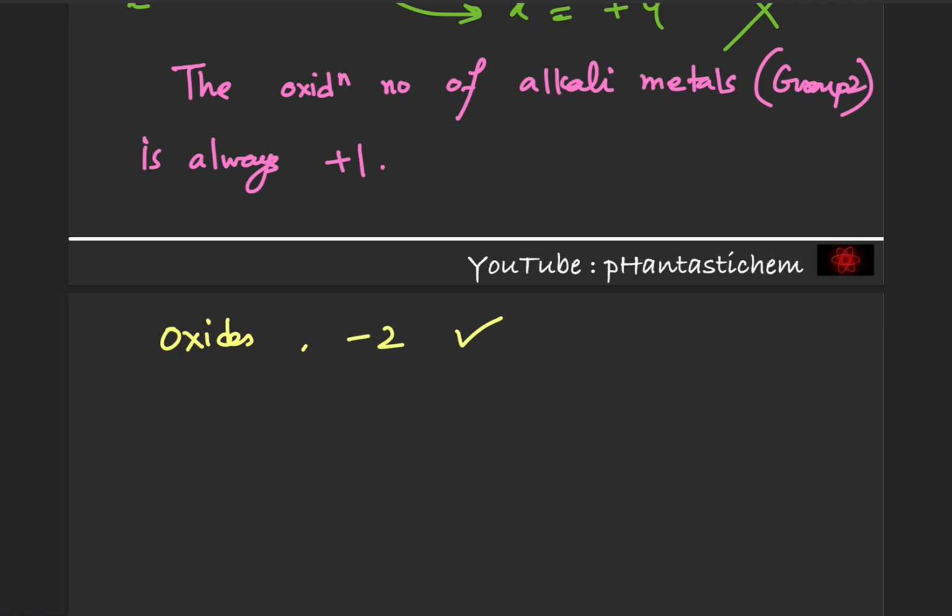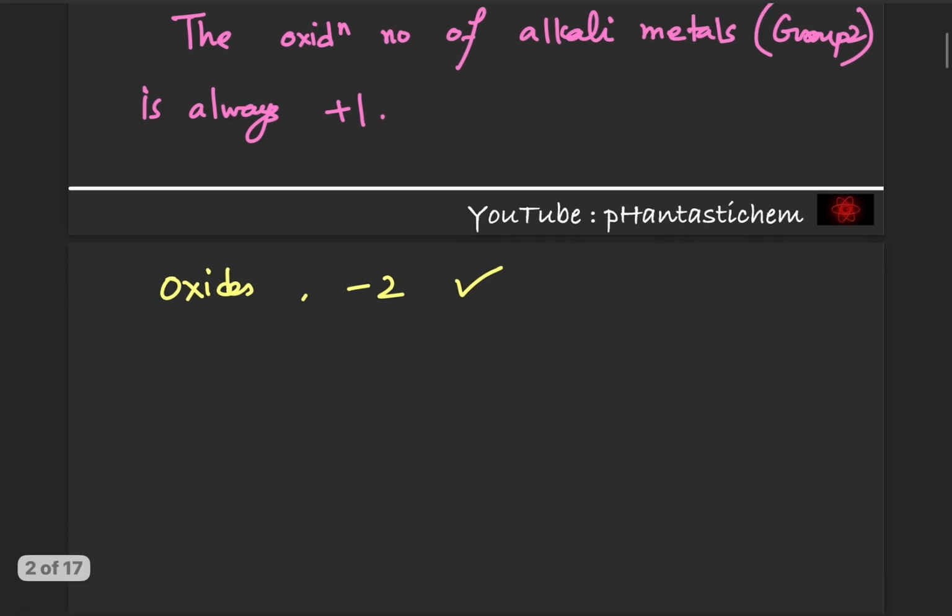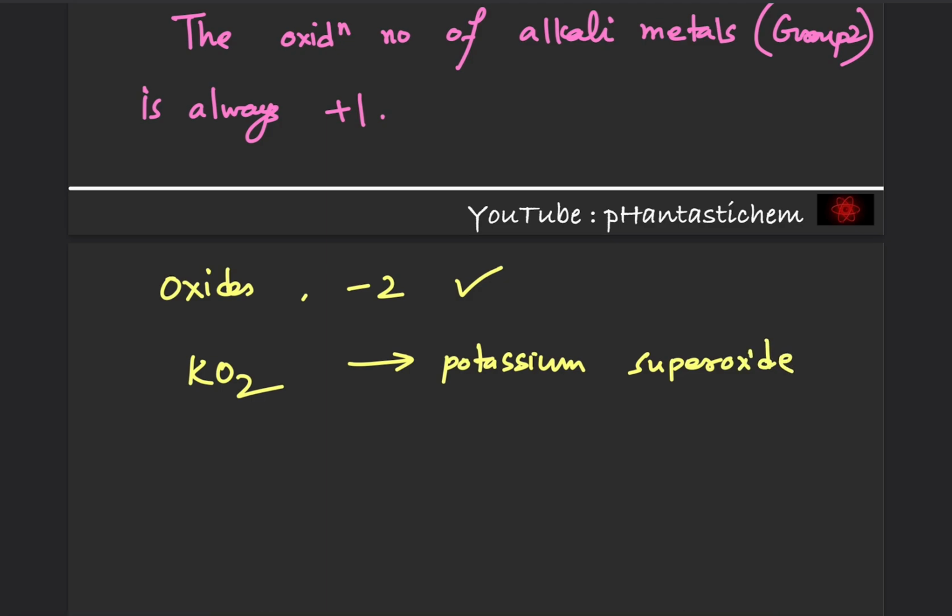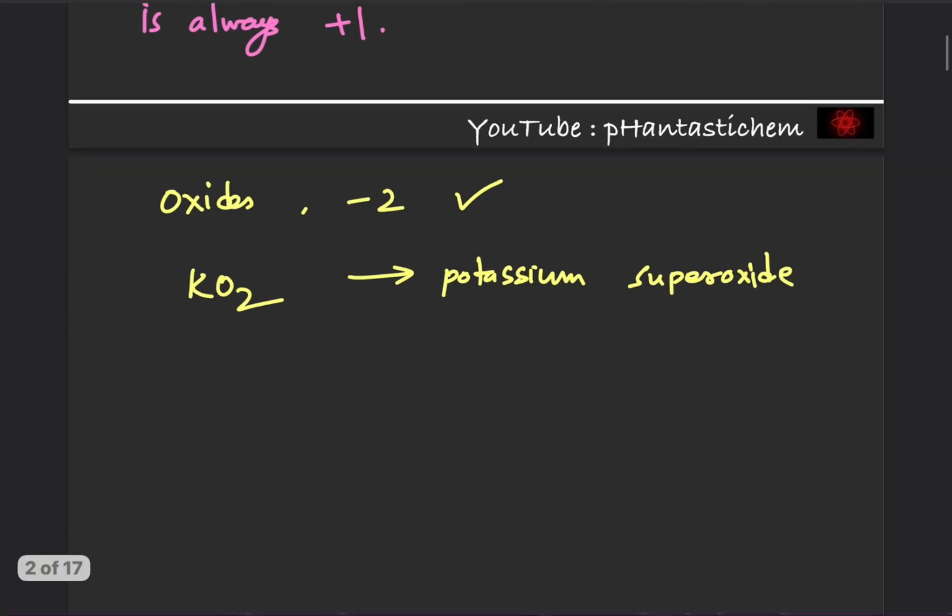That is correct. But we have been given KO2 and it is potassium superoxide. It's an ionic compound, and we know according to the rules, so it's an ionic compound. That's a very important point. And according to the rules, we know that the oxidation number of a monoatomic ion is the same as the charge on it.